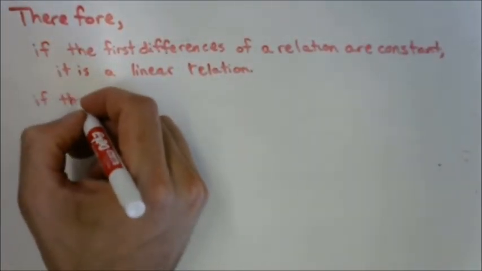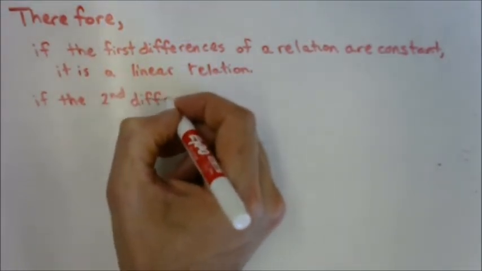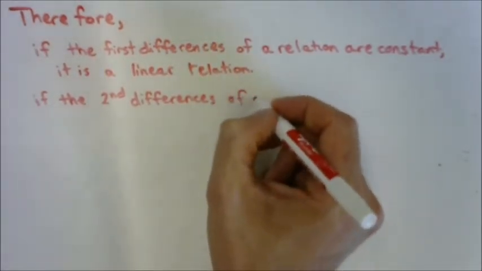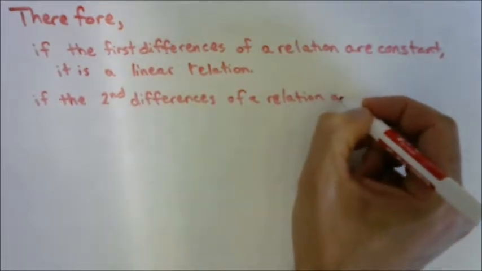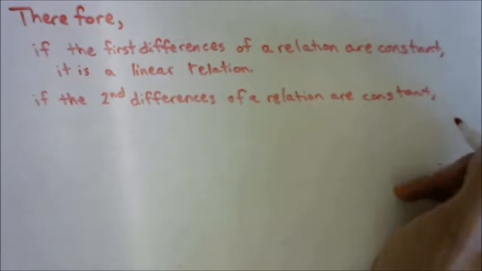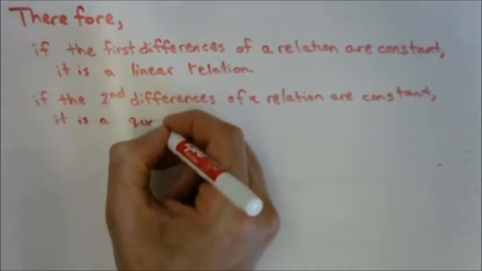If the second differences of a relation are constant, it is a quadratic relation.